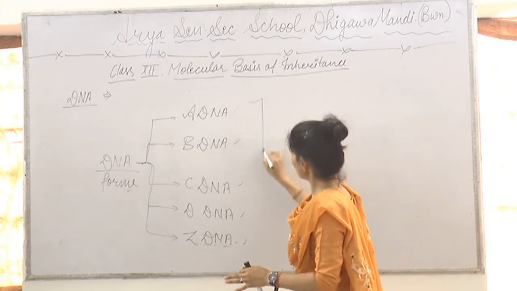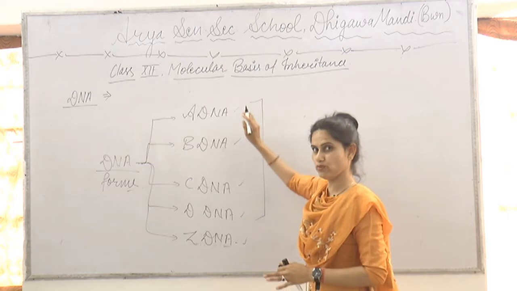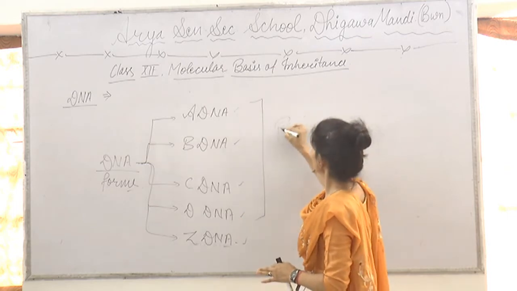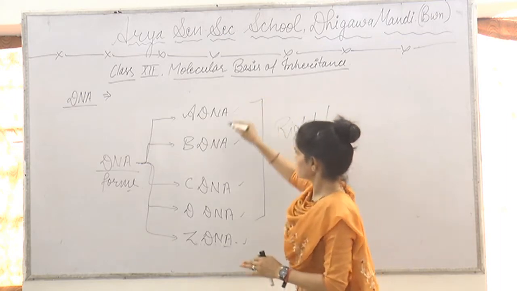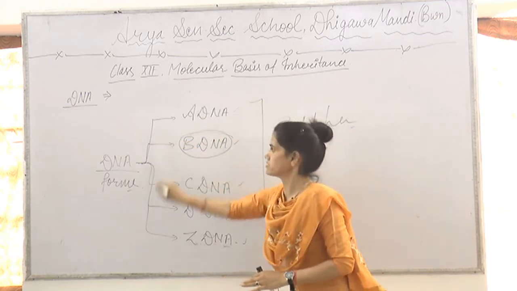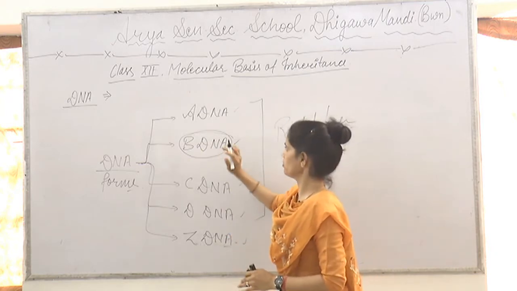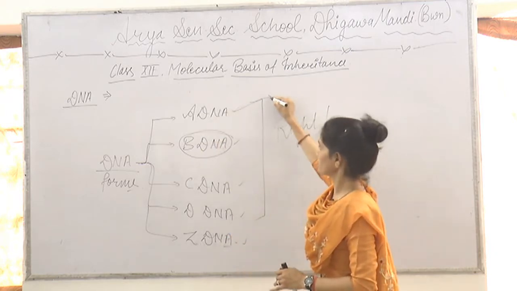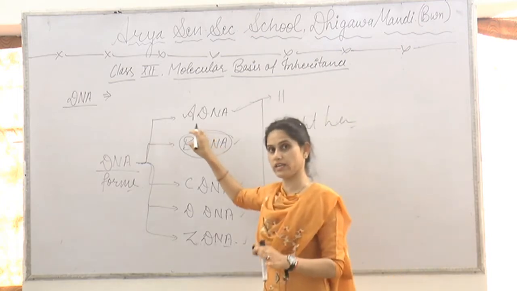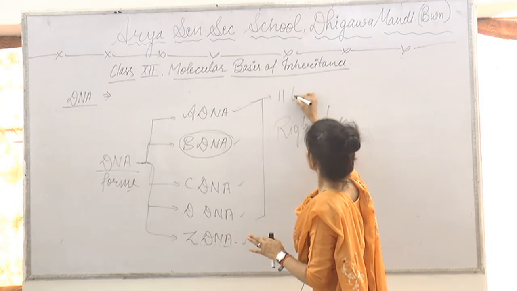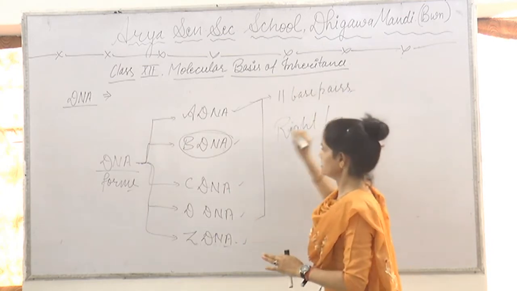These 4 forms of DNA are right-handed. And the one we mostly study is the B form of DNA. aDNA is right-handed, and one helix of aDNA has 11 base pairs.